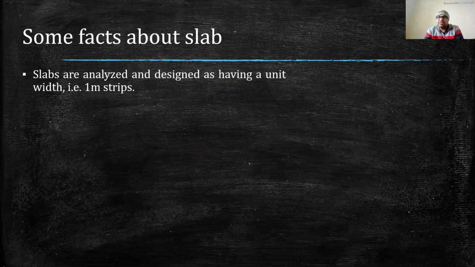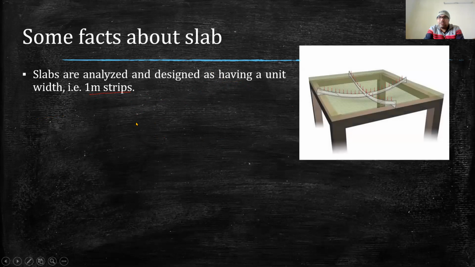The first fact is that generally we design slab as a unit. We generally design slab as a beam having a unit width, which is a 1 meter strip. As you can see in the figure, in this case bending in the slab is occurring along both these spans.